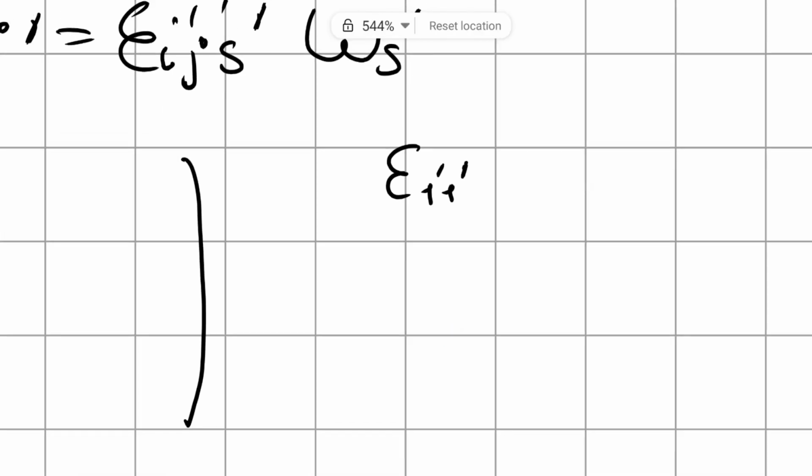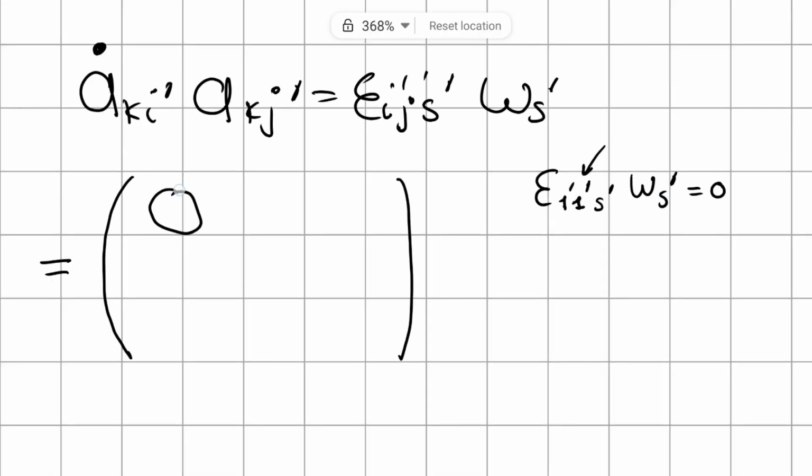But we know that the Levi-Civita symbol, if it has two repeated indices, like in this case, is going to be equal to 0. Doesn't matter what index we have here for the S, the Levi-Civita symbol is going to be 0, so everything is going to be equal to 0. So that means that this first element for this position is going to be equal to 0.